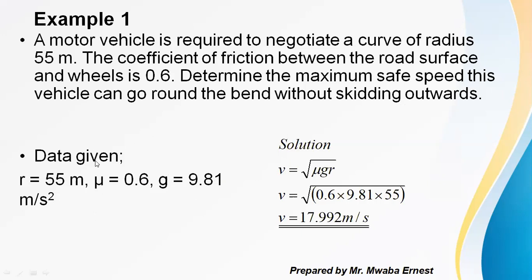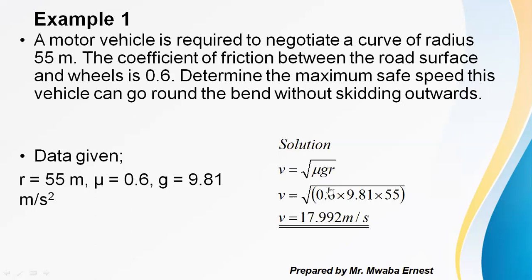Looking at this information, the condition we're using, we've already been told it's skidding outwards. The expression we derived was v equals the square root of mu gr, coefficient of friction times acceleration due to gravity times the radius. Now you just substitute.